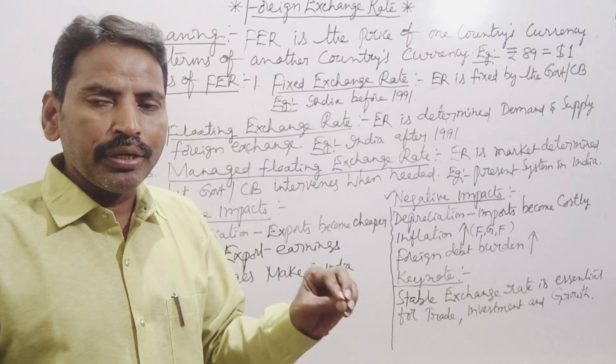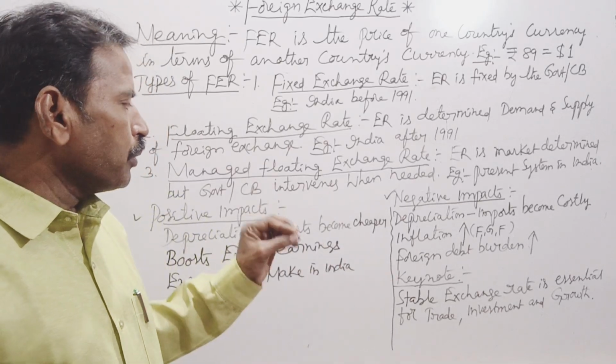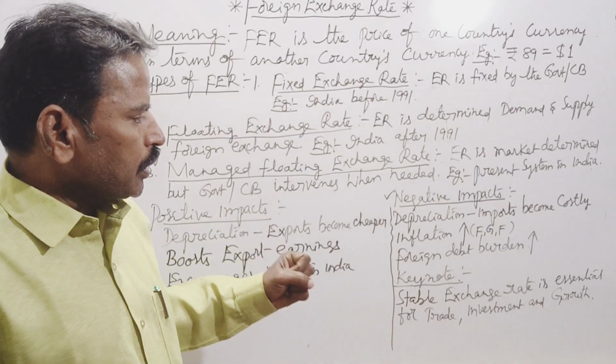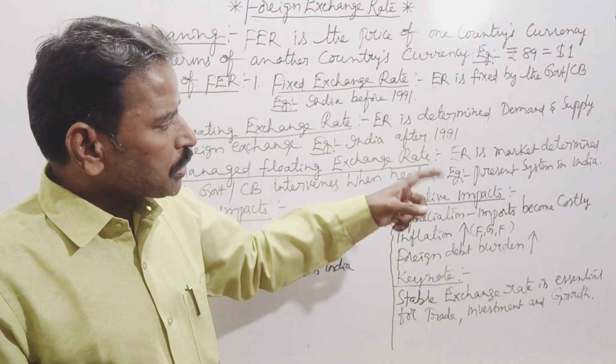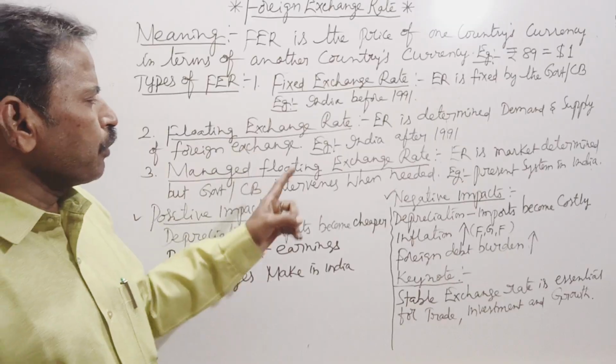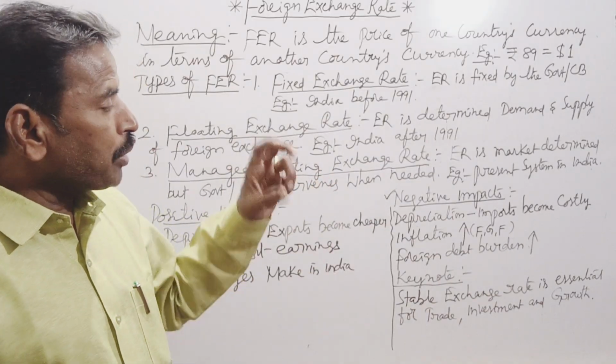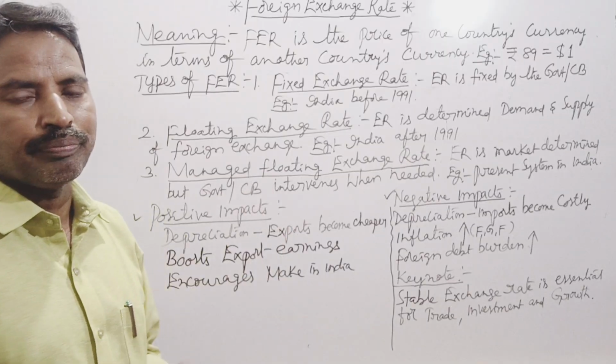When there is a need, definitely government or central bank will interfere. Example, present system in India, that is managed floating exchange rate system, market determined exchange rate system.